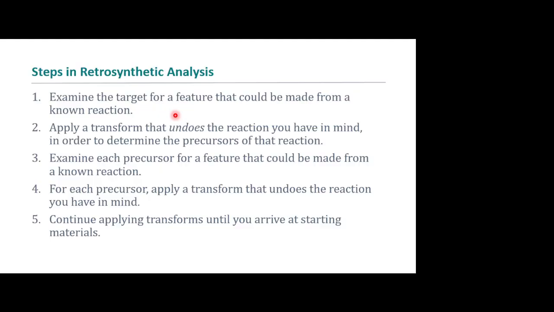You're going to apply the transform that undoes the reaction that you have in mind in order to determine the precursors for that reaction. You're going to examine each precursor for a feature that can be made from a known reaction. For each precursor, you're going to apply a transform that undoes the reaction you have in mind. And then you're going to continue applying transforms until you arrive at the starting materials.